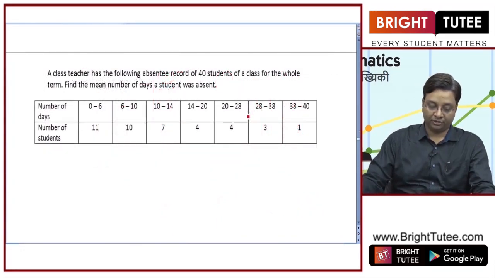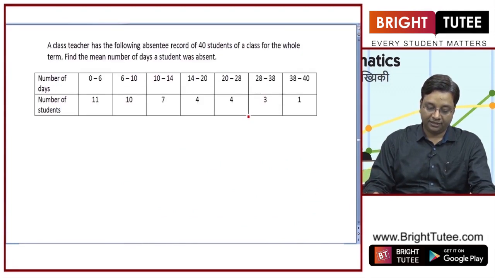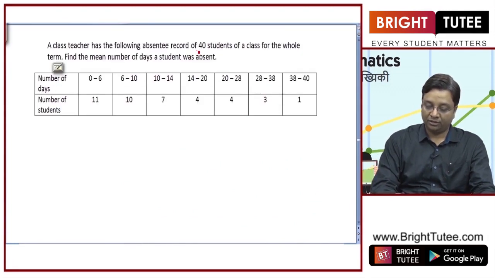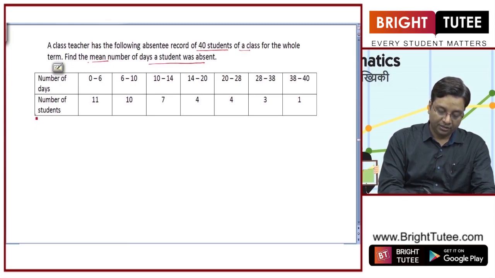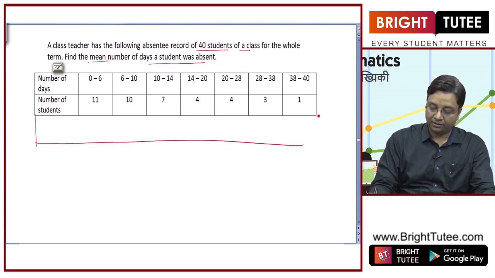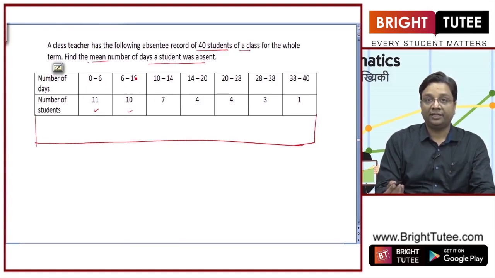So let us look at the next question here. A class teacher has following absentee record of 40 students of a class for the whole term. Find the mean number of days a student was absent. So number of days, 11 students were absent is 0 to 6. 10 students were absent for 6 to 10 days, right?